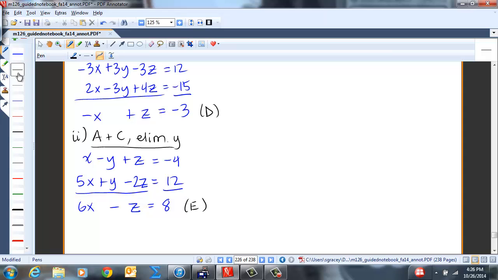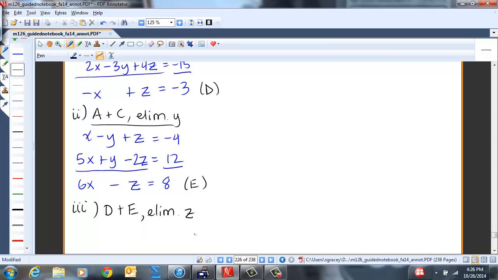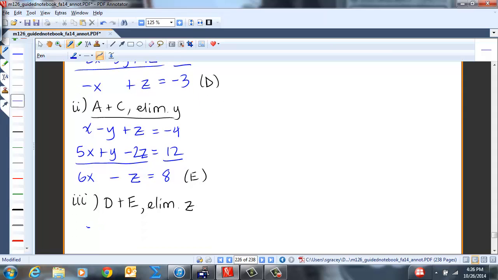So for our next step, we can just add D plus E, because the z's have opposing signs already. So that'll eliminate z. So we'll have negative x plus z equals negative 3.